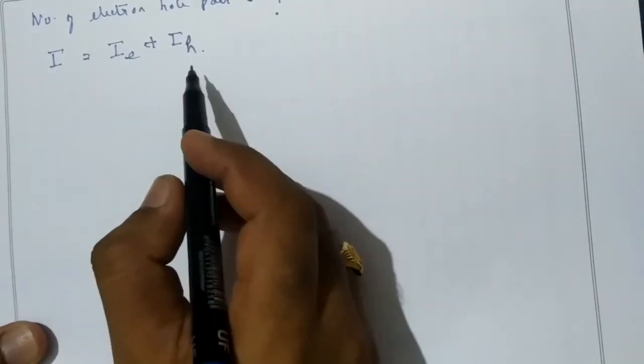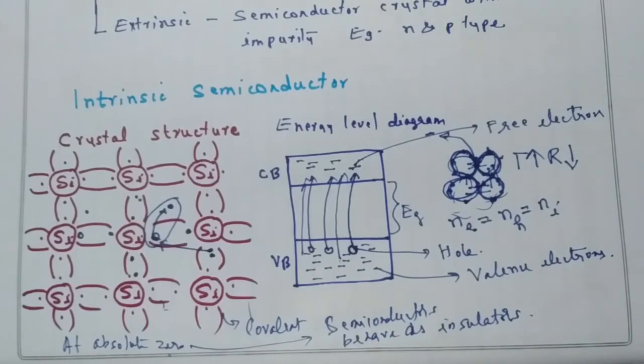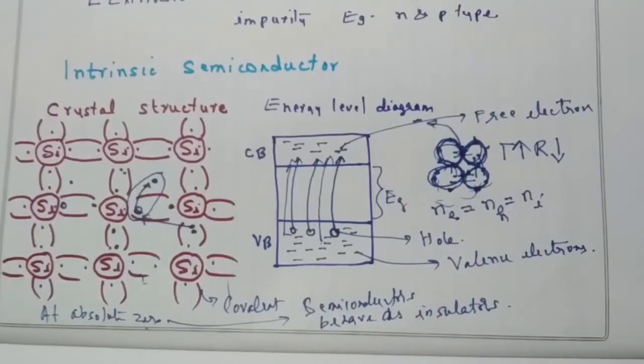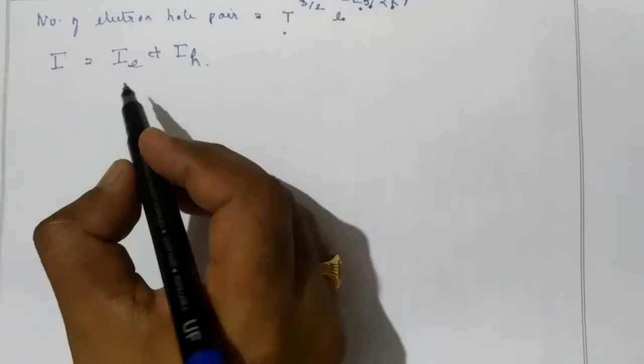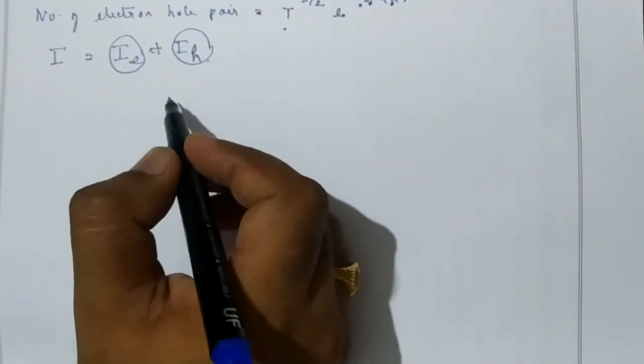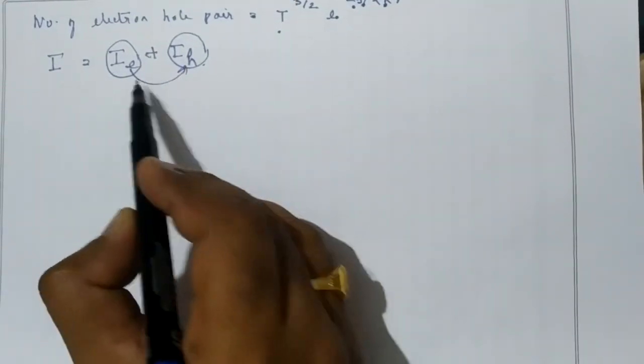Actually holes will not move, effectively the electrons will move, but we say that the holes are moving. That is why in a semiconductor the current is due to both the electrons as well as holes. But in the case of a conductor, the current is due to only one type of charge carrier, that is electrons. But in the case of a semiconductor, the current is due to both electrons and holes.